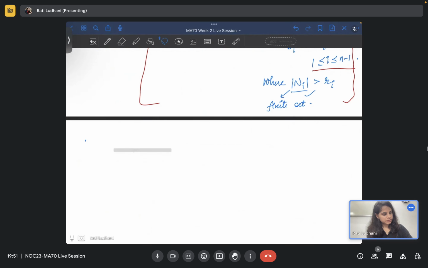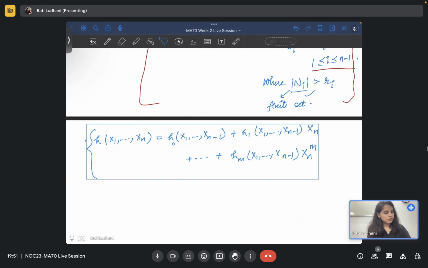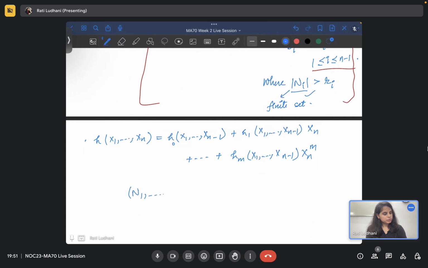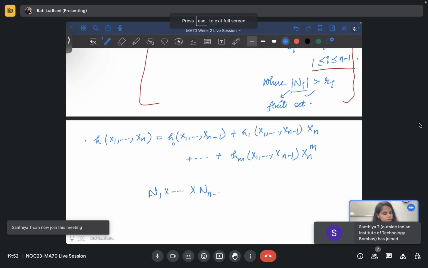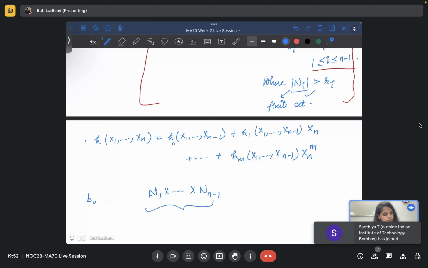Yeah, so now we can use this part. Now what you do, you take this set, you have the points from N1 cross up to and so on N minus 1. You take any point b1 to bn minus 1 from this set, and put it here.